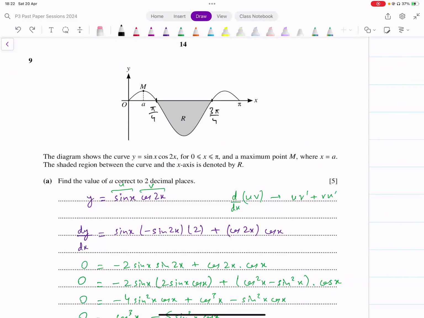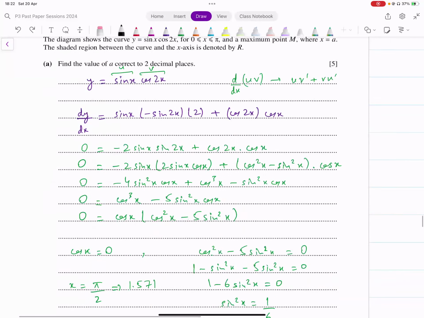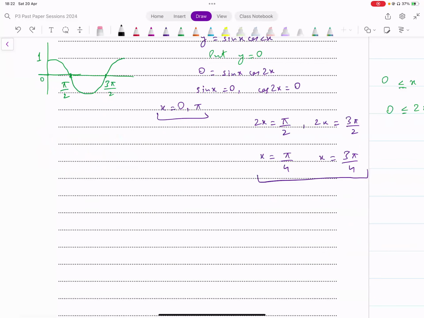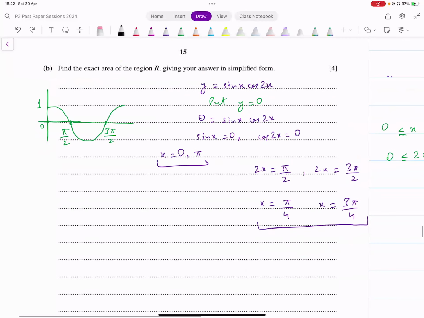Does this make sense? Is this part clear? Any problems until this point? No? Limits again: we have just put y equal to 0 and solved this.